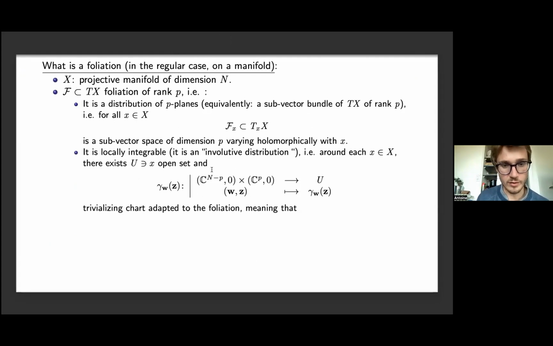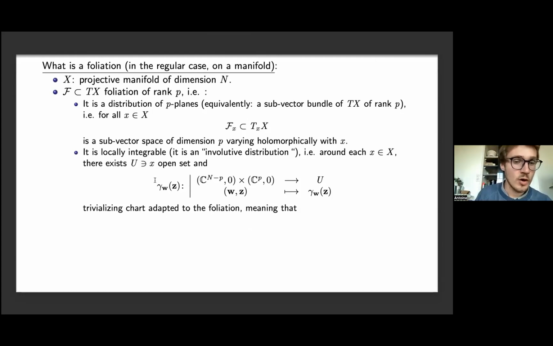So here you have this trivialization. If you fix W, you can locally see this as a map only depending on Z, and it will give a local analytic submanifold of dimension P only on the trivializing chart.